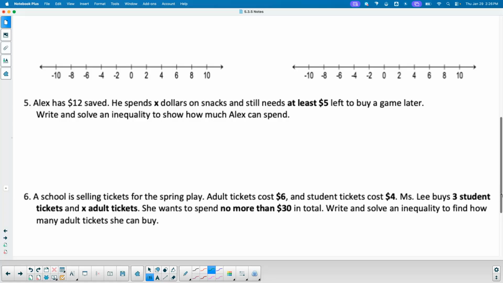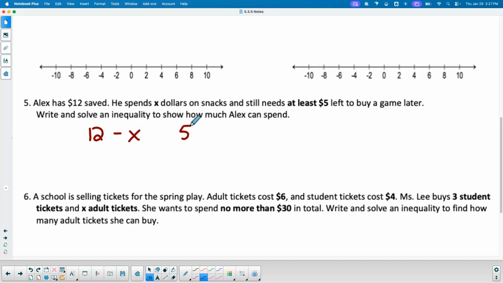So we have 2 things that we have to do here. The first thing is we have to write an inequality. So he has $12 saved and he spends X dollars. Is that adding to his money or is that taking away from his money? That's taking away. He's spending that money, it's going away. So 12 minus X would be him spending the money. Then it goes on to say he still needs at least $5.